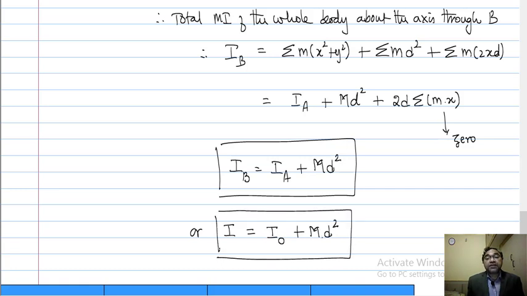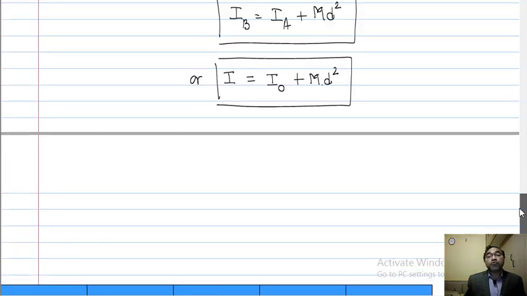So, it is the sum of two terms: one is moment of inertia about the central axis, and the other term is total mass of the body times square of the distance from the axis of rotation. That is exactly how we can use the parallel axis theorem.